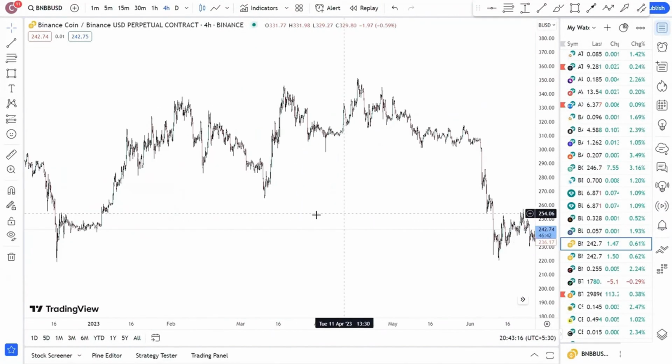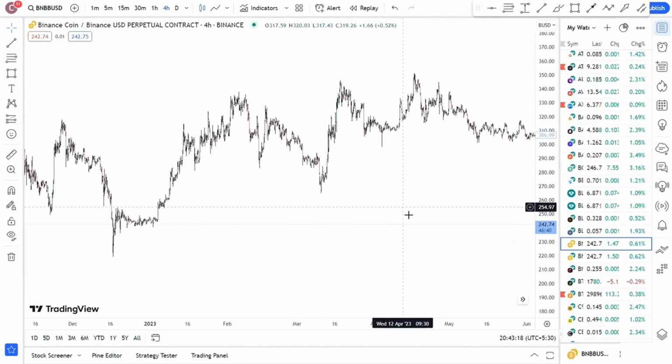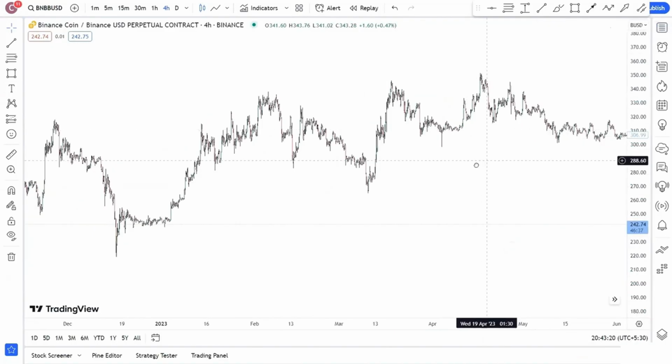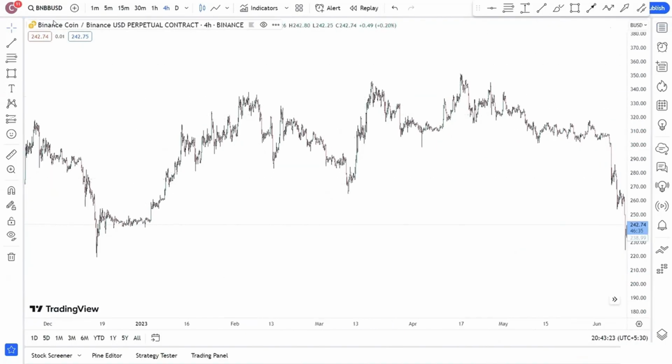Let's verify downtrend, uptrend, and sideways on a few coins. So here we have Binance Coin, BNB.